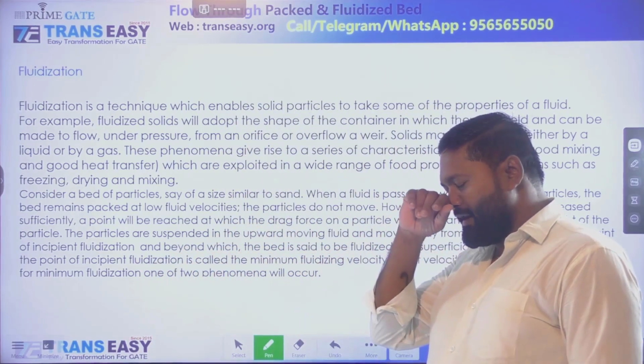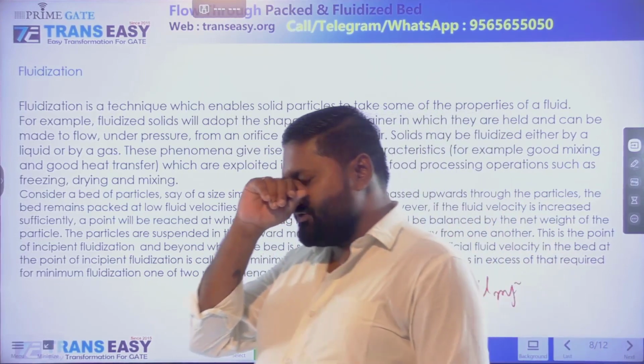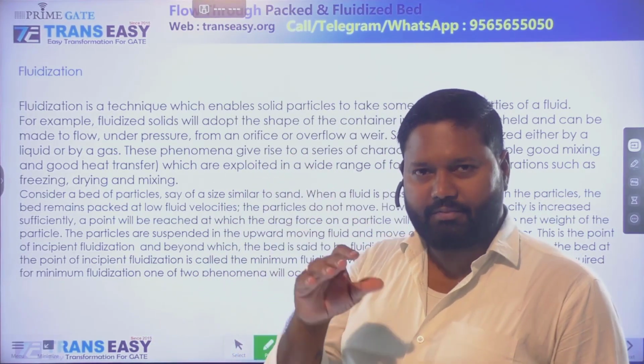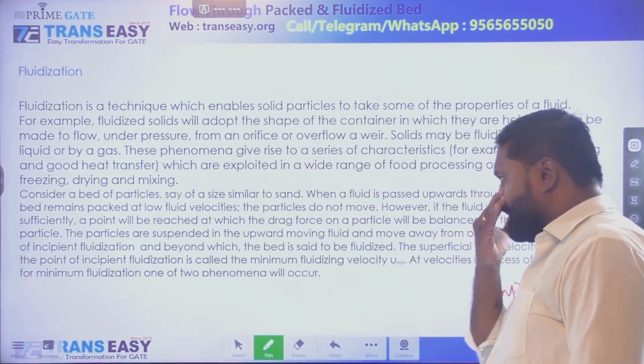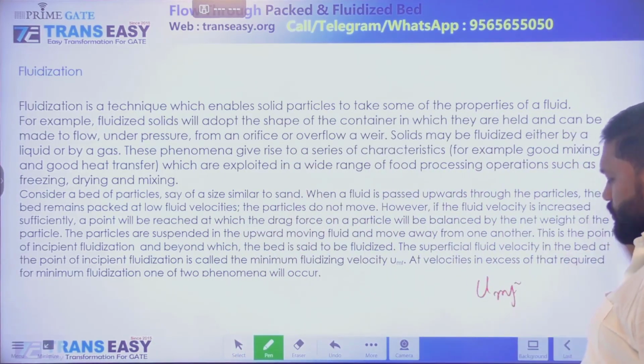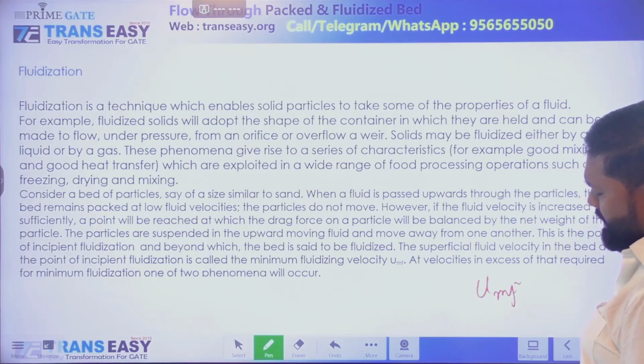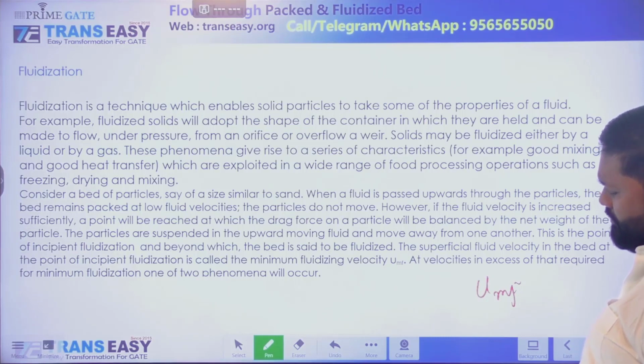Drag force by the upward flowing fluid balances the weight, and if it increases a bit more, the particle will start moving, right? So the velocity at which this situation is created, where drag is sufficient to lift the particle, so particles are suspended in moving fluid. They are separated from each other almost, right?